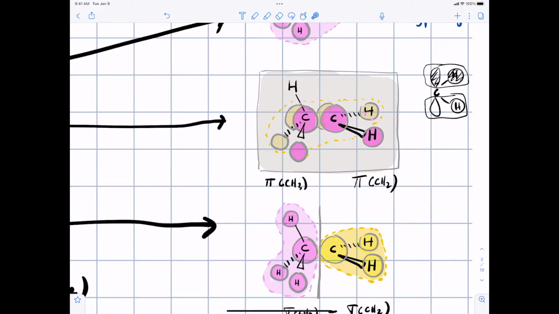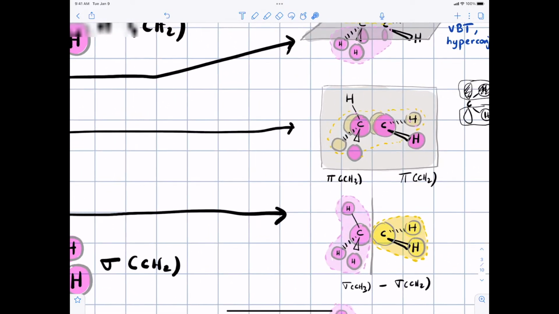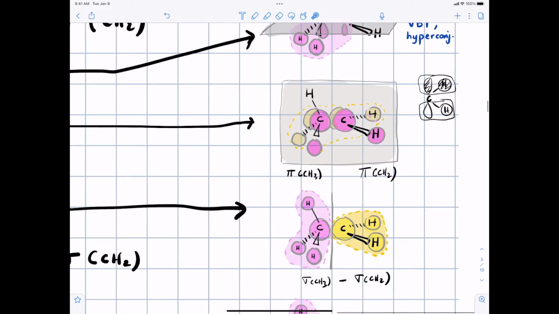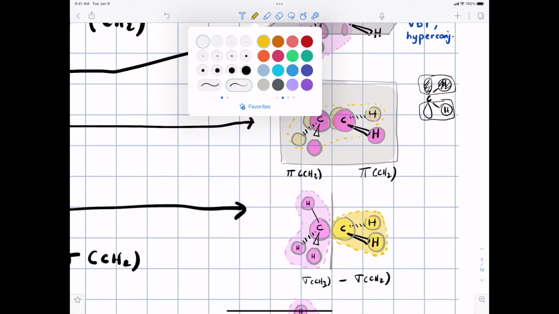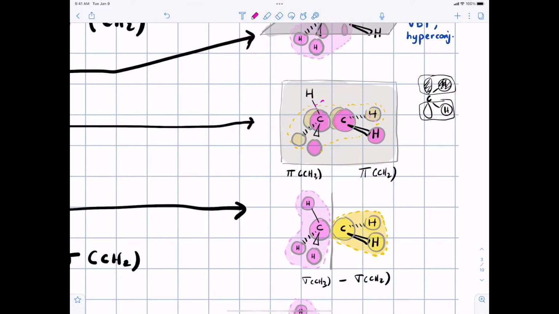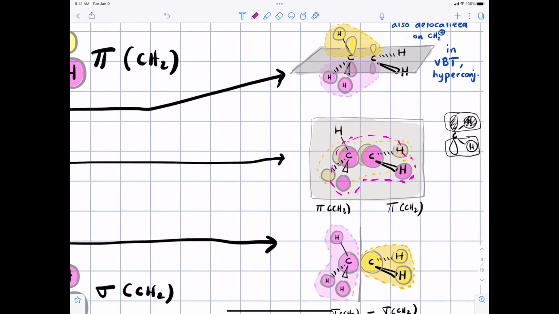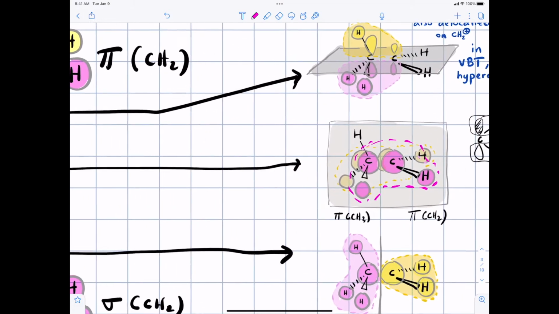And these two things are overlapping side by side in the same way that a pi bond would have two p orbitals overlapping side by side. And then of course in the front you've got this continuous lobe of electron density, just opposite wave function sign. Okay, so that's the plus combination.